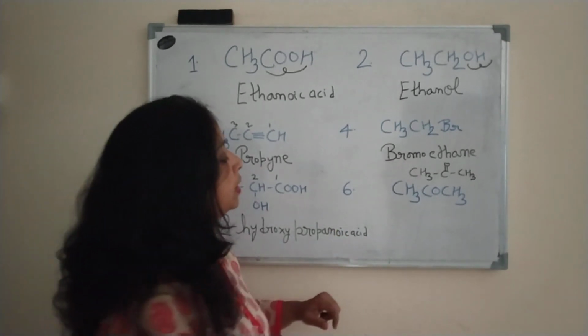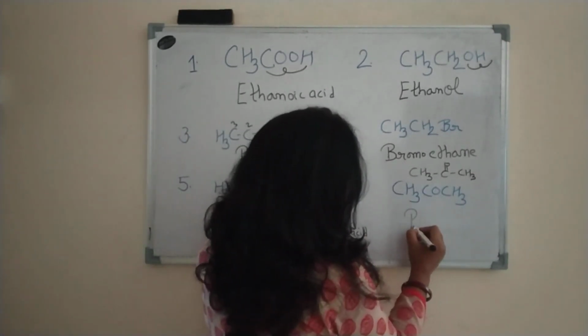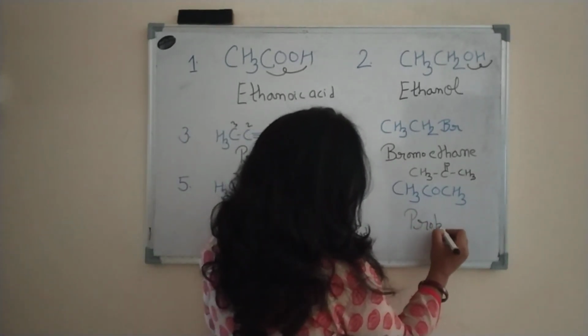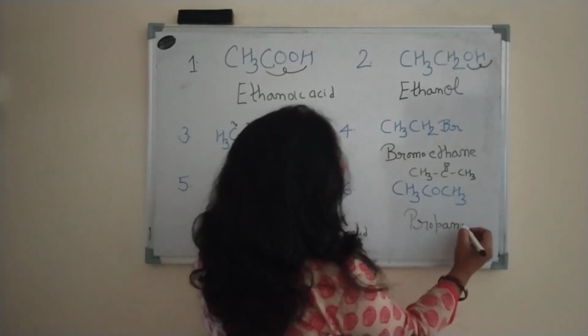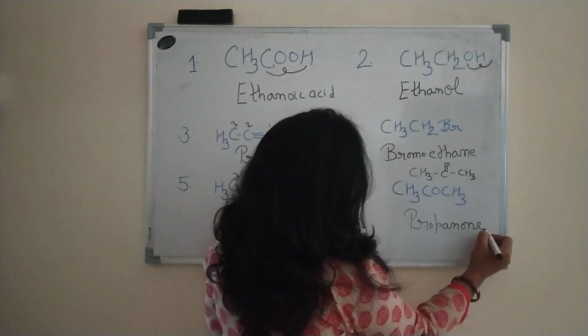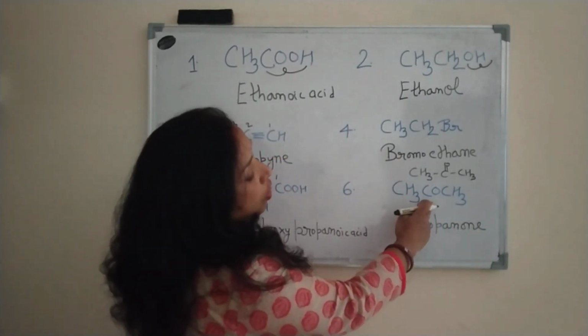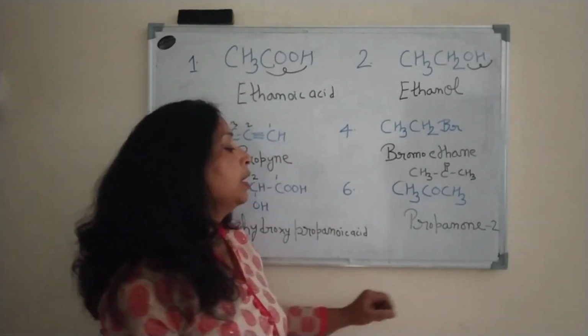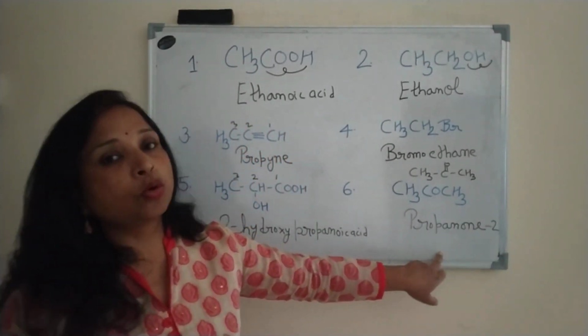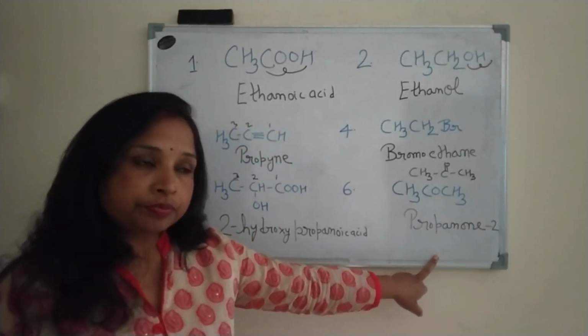There are 3 carbons, so the name becomes propanone. We remove the E of propane and add one: propanone. We can say propan-2-one or simply propanone. Both are correct.